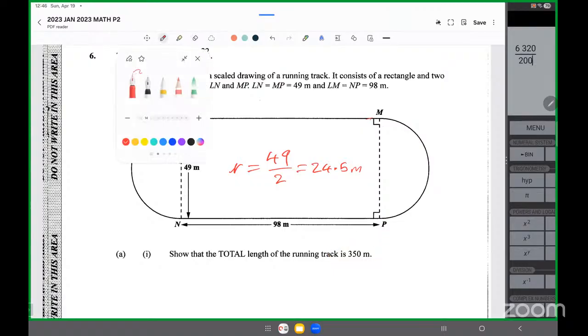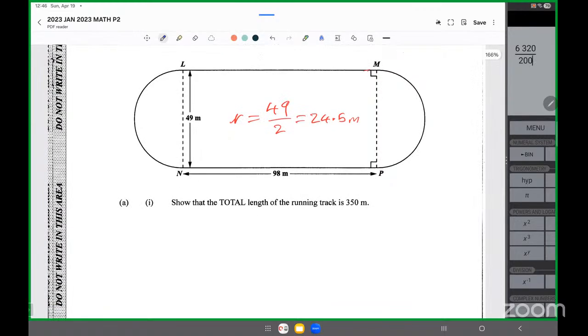So that total distance is the perimeter.